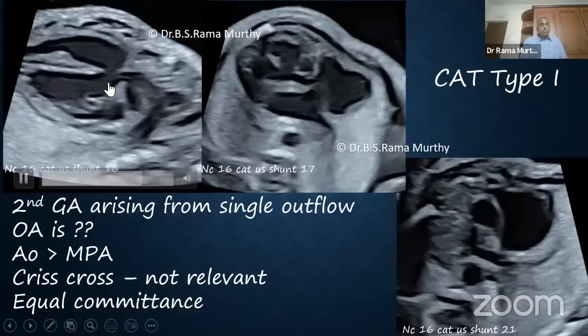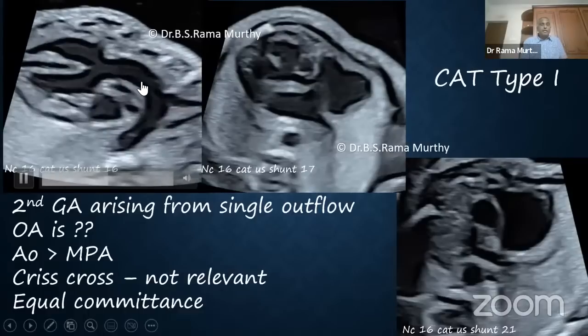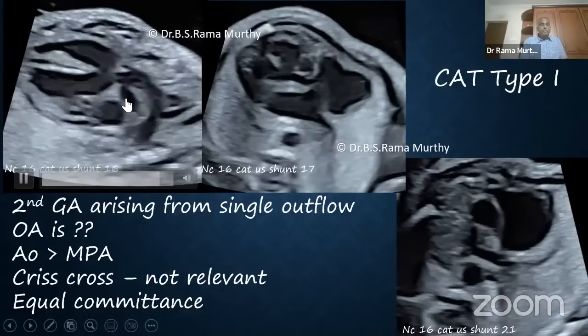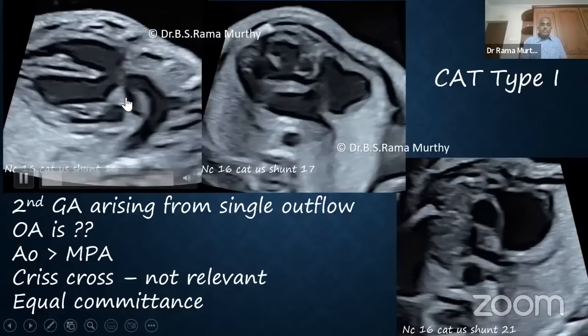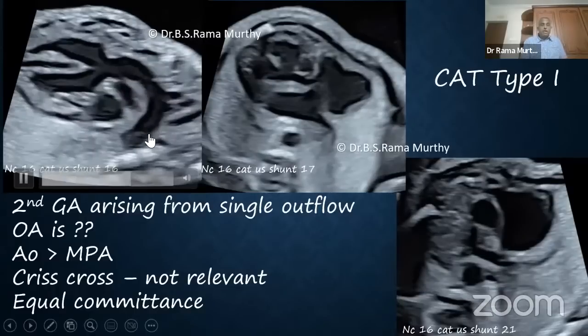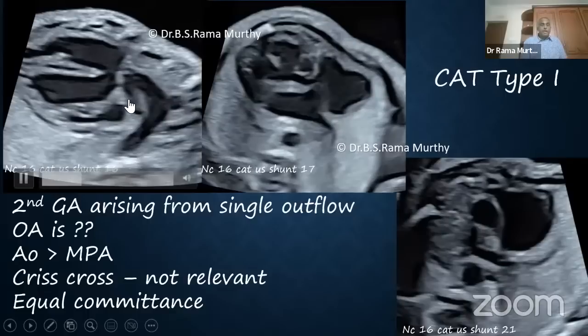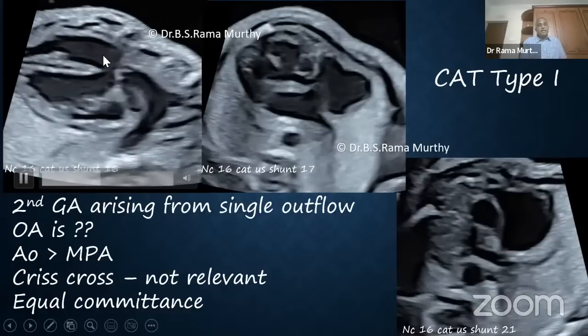So now I'm going to compare the aortic size to the MPA size. It is a very, very large aorta compared to the narrow pulmonary artery. The crisscross is irrelevant because it's not starting from the ventricle. And of course, as I said, equal commitment of the overriding artery.